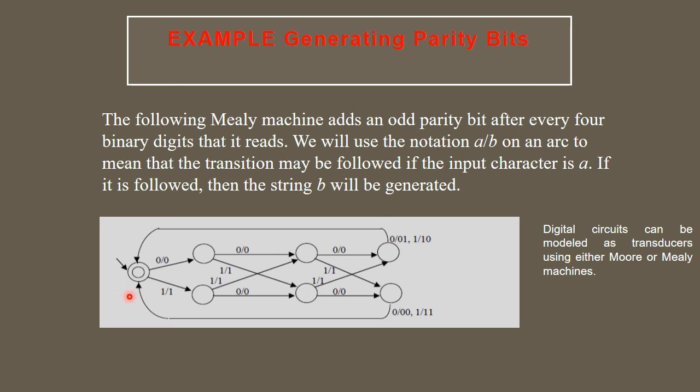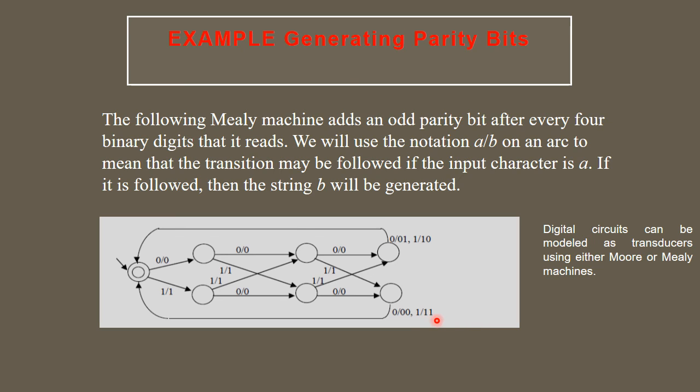After that again it is going to start. Let's try this way. First it is going to read 1, next 1, third 1. Now we have 3 ones already. Now if you read one more 0, then obviously it is better to produce 0 0, because there are already an odd number of ones. Next, if the fourth bit you read is 1, then from 3 you have to make it 5.